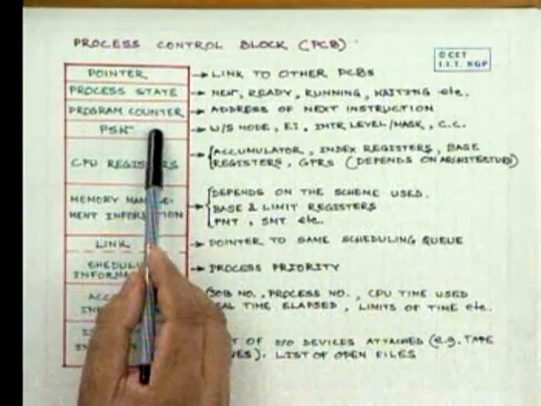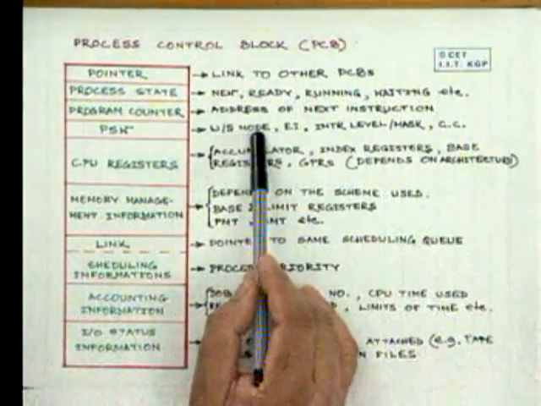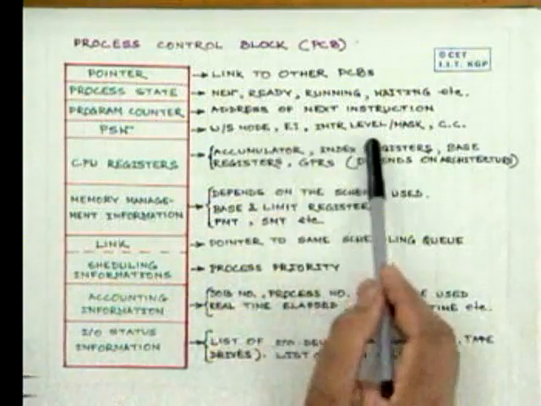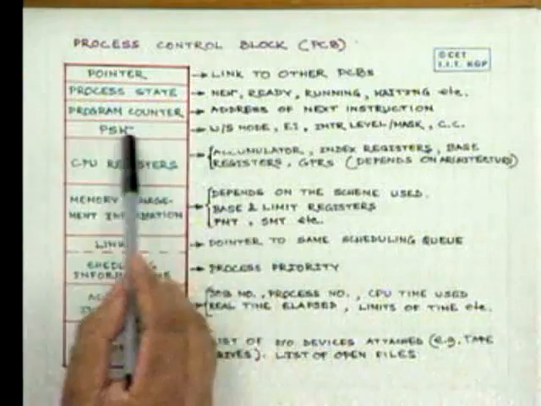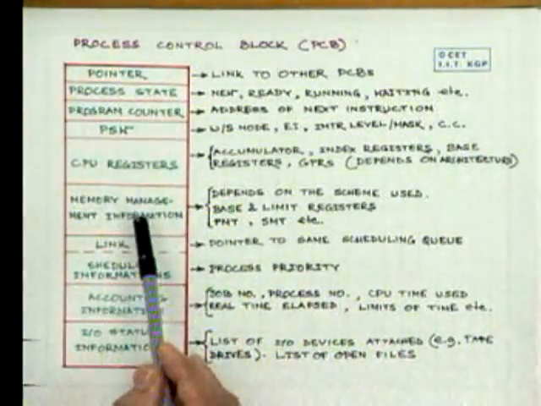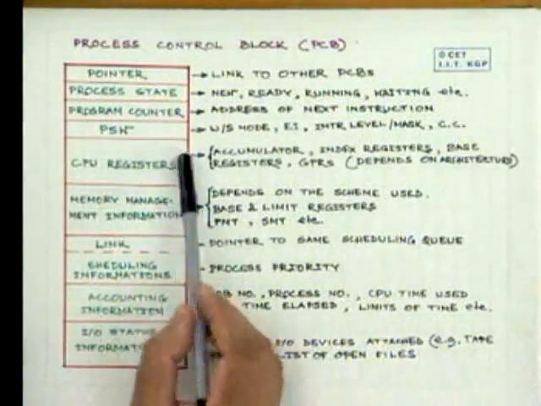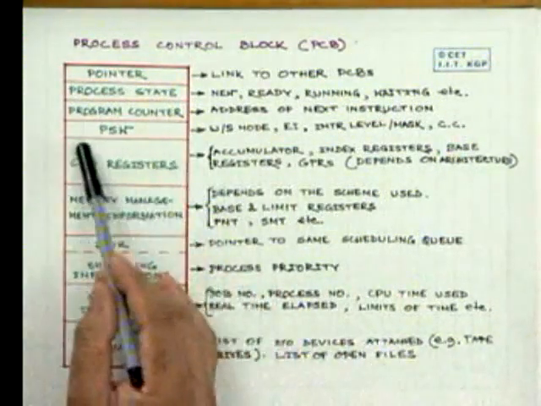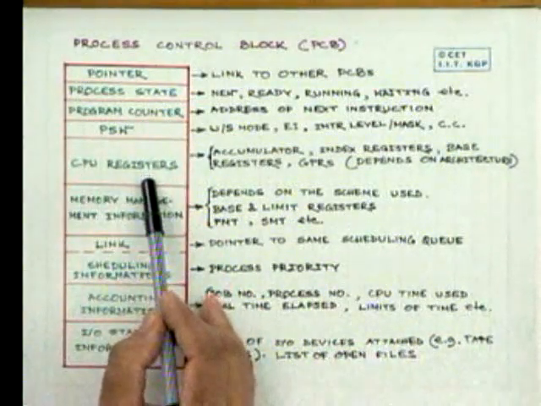The processor status word, as I said, contains the user supervisor mode bit, enable interrupt bit, interrupt level or mask bit, and condition code bits. That processor status word is also a field. Then all the CPU registers are also a field of the process control block.